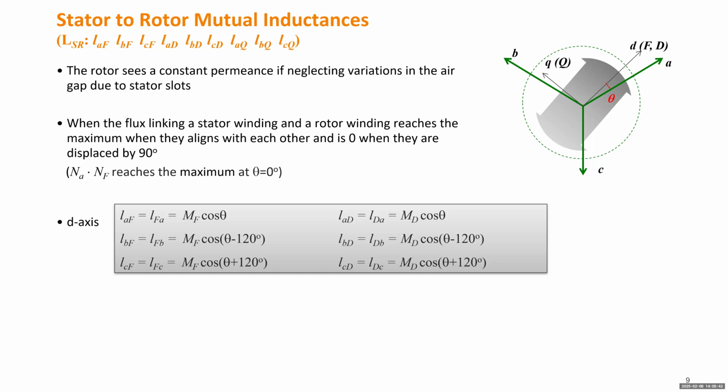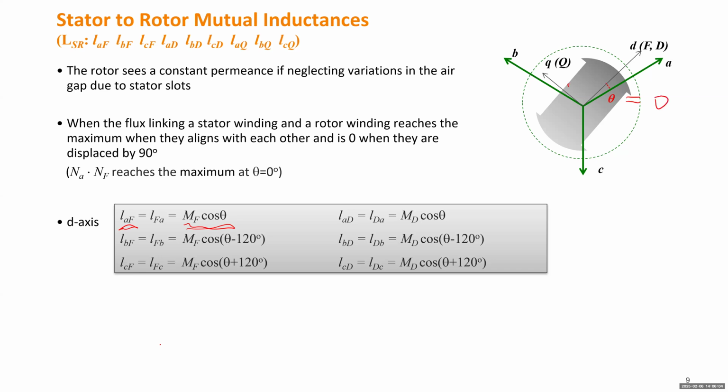We can easily write down, for instance, LAF. That will be proportional to cosine theta. If theta is 0, the winding on the rotor will be totally coupled with that stator winding.